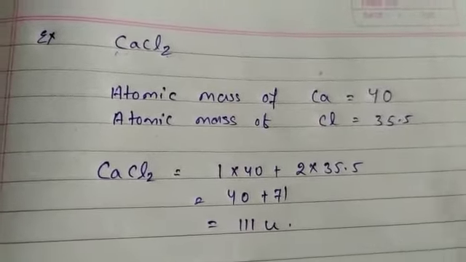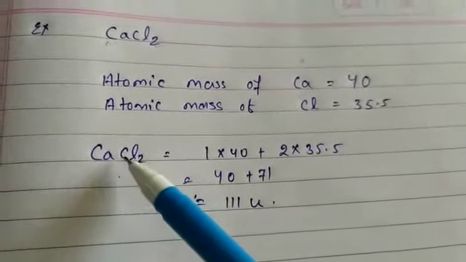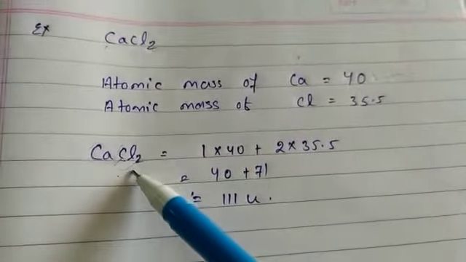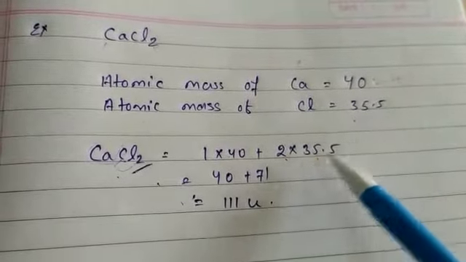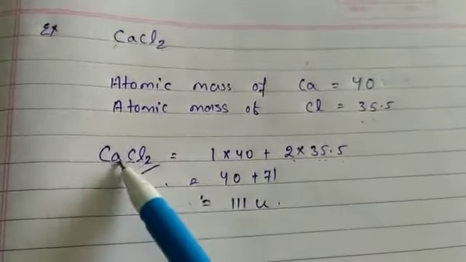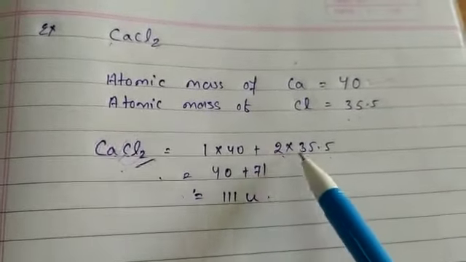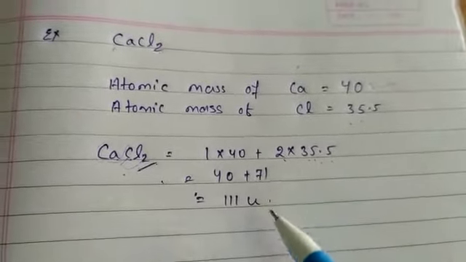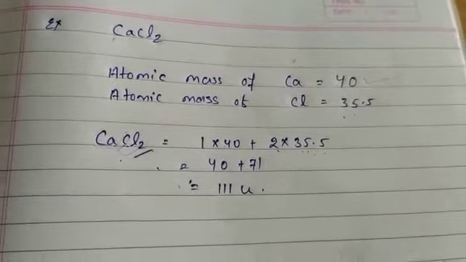Now, to calculate the formula unit mass of CaCl2: Ca is 1, so 1 into 40, and Cl2 means 2 chlorine, so 2 into 35.5. Then you can calculate the formula unit mass of CaCl2 as 111 U.